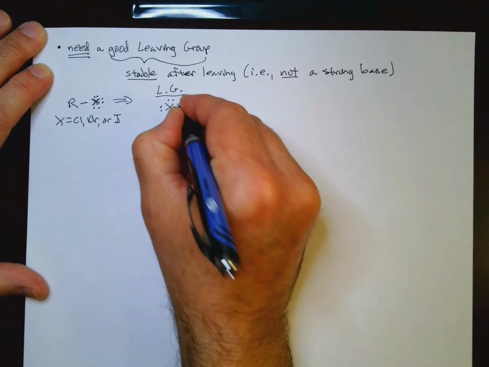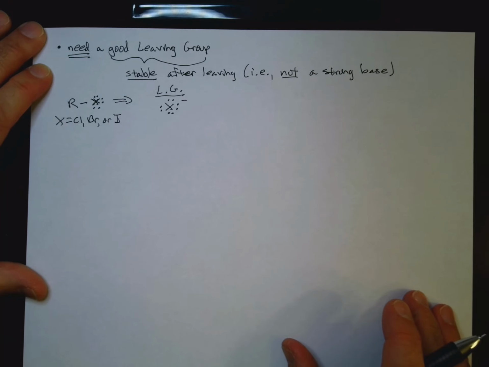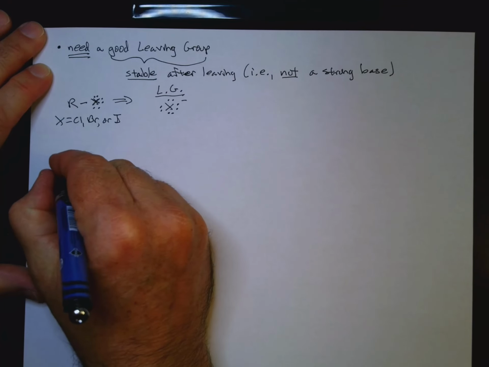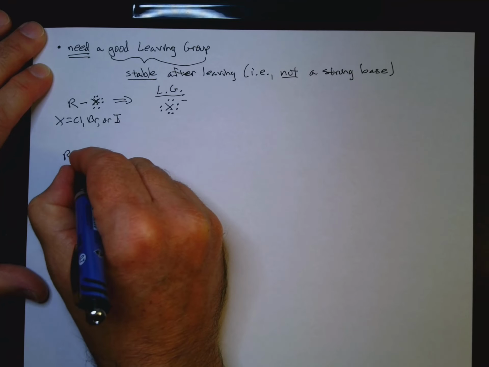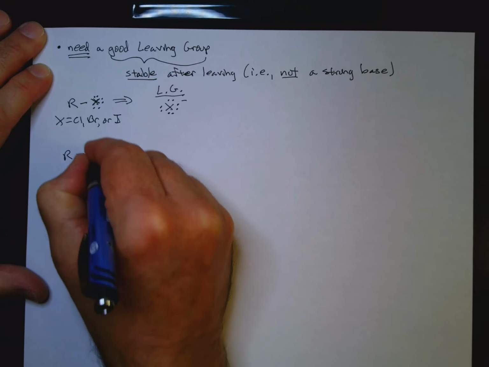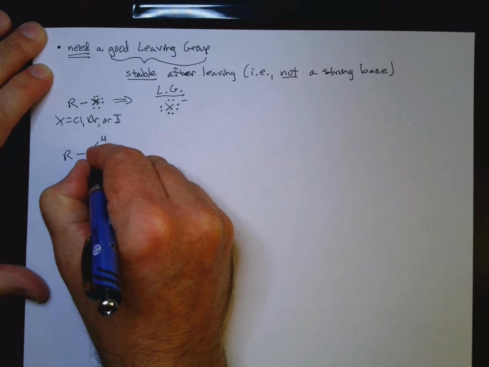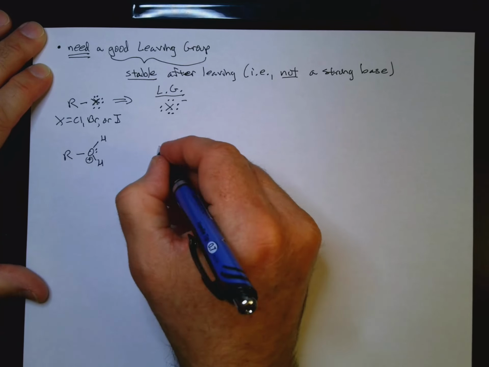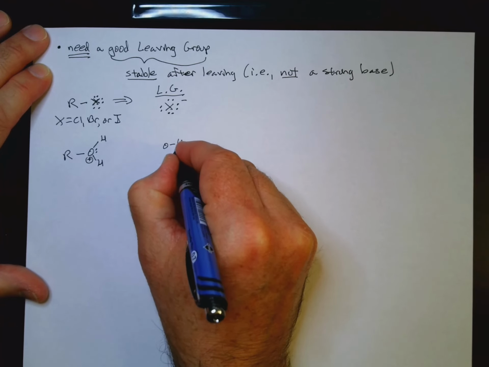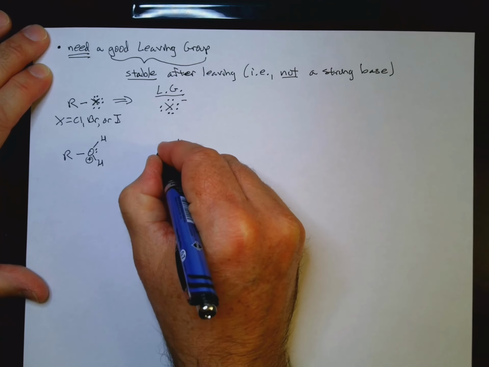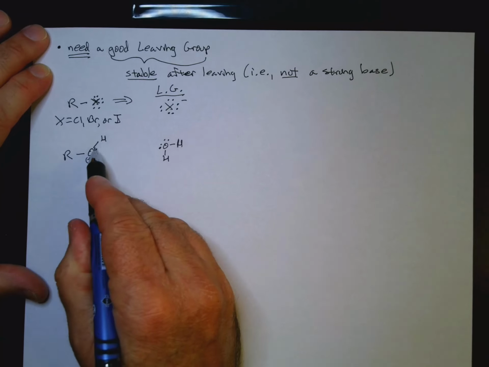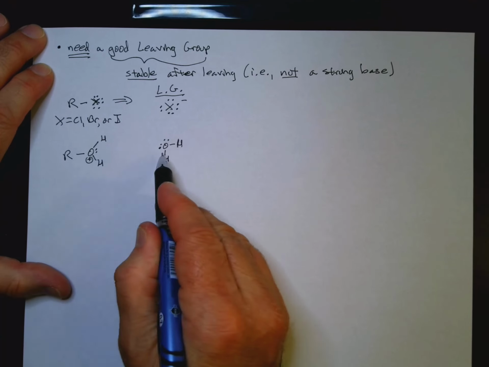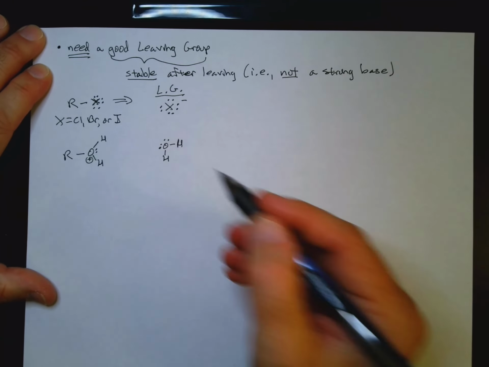It floats around in solution. And this is what happened in the t-pentyl chloride synthesis lab. We could have H2O as a leaving group. We have a protonated charged species, and when it leaves, it's neutral water.